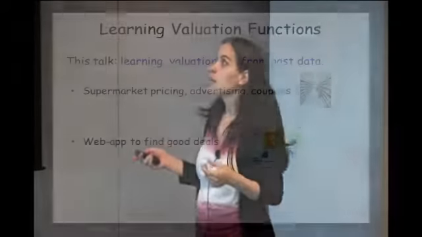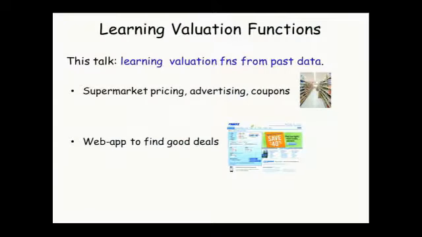Given access to all this data, it will be very useful for them to learn the valuation function of a customer, or of a typical customer, in order to target advertising and coupons better, and ultimately do better pricing. Similarly, companies like Expedia or Orbitz could hope to learn the valuation function of a customer based on past purchases in order to make better recommendations, and in the end, again, to obtain better profit.